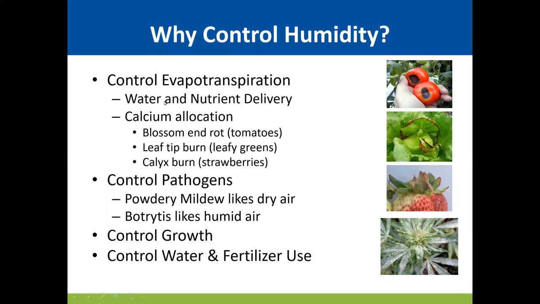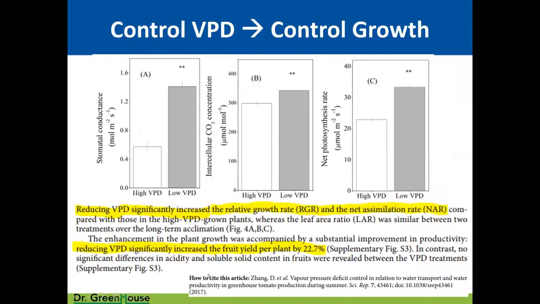And controlling humidity ultimately helps to control growth and control water and fertilizer use. So in speaking of controlling growth, this study recently published showed that reducing the vapor pressure deficit actually increased the relative growth rate and net assimilation rate of tomato plants.